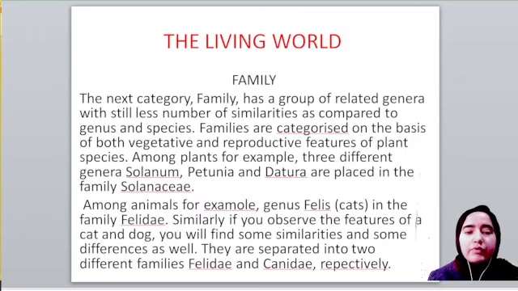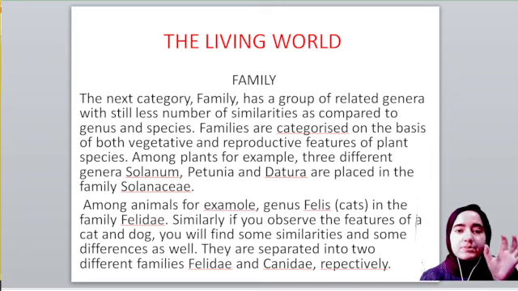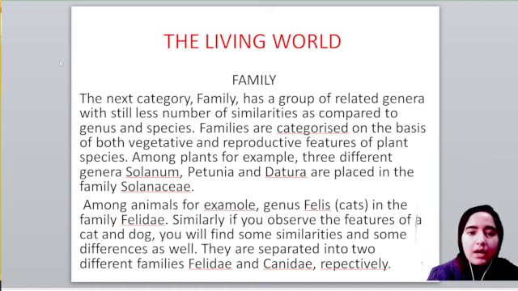Now we will come to family. In another video, in another session, I am going to share a trick with you for how to remember this in sequence. Say for example, first of all we come across species, then genus, then family, then order, then class, then phylum. I'll share the trick in another video, so stay tuned. First of all, we will see what family is.